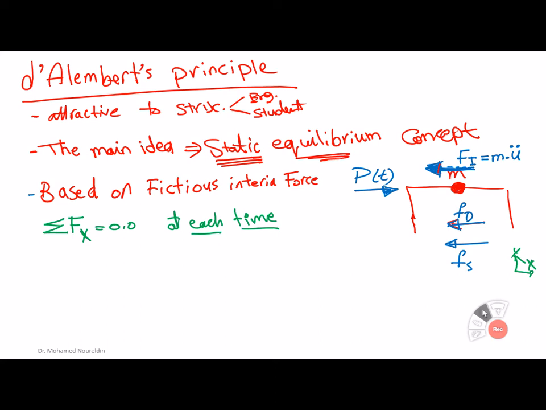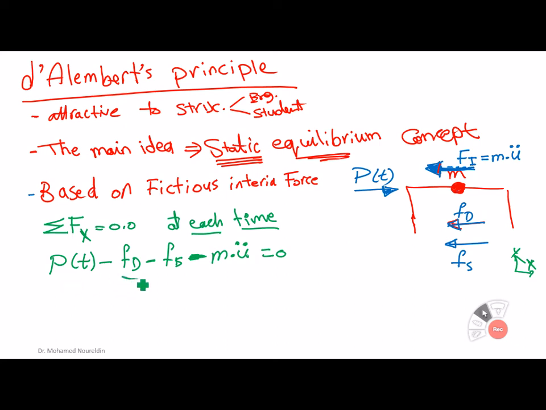So we have P of t minus F of D minus F of S minus m u double dot equals 0. We have summed all the forces in the x direction: P of t, the applied outside dynamic loading.